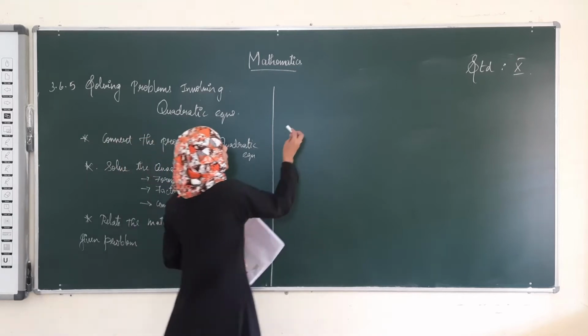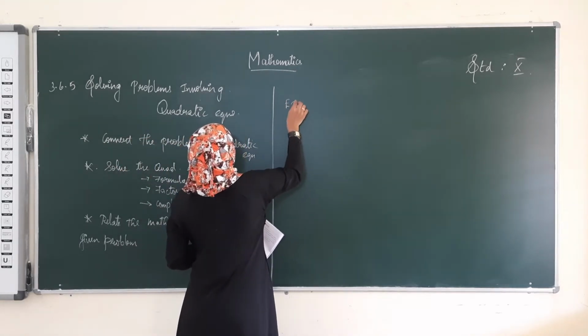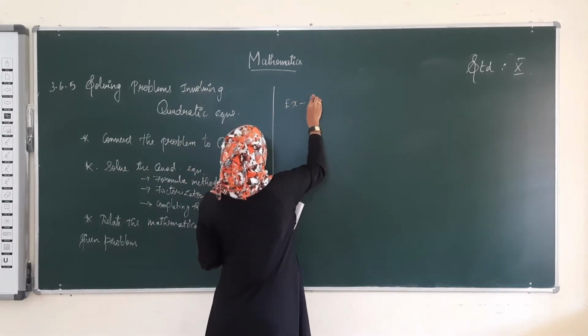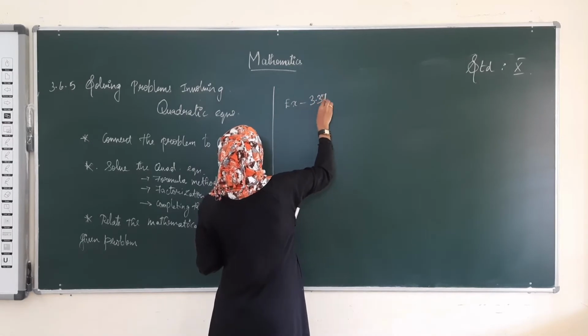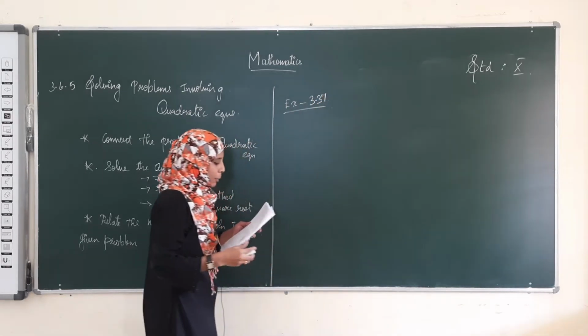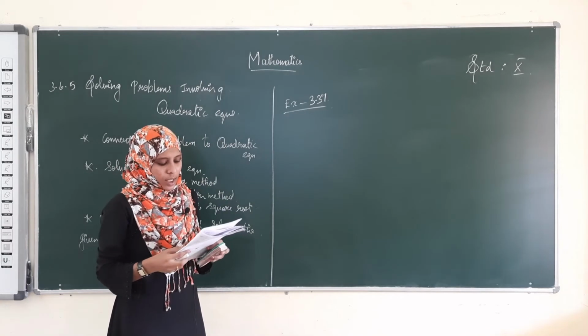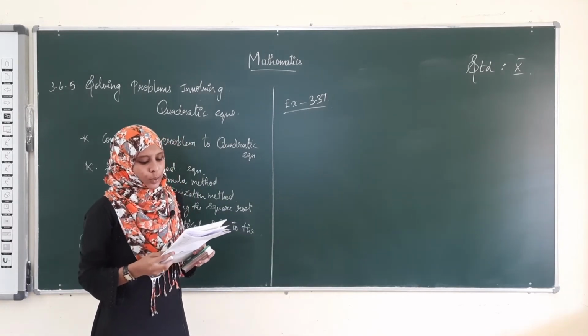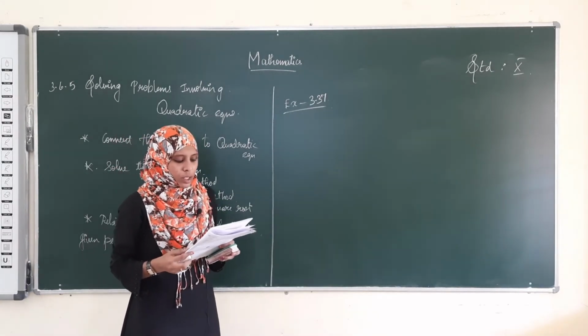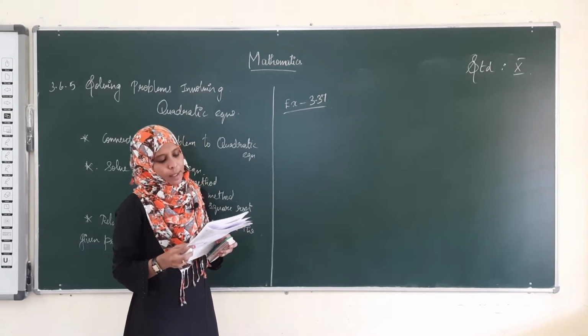See example number 3.37. I will read the question. The product of Kumaran's age in years 2 years ago and his age 4 years from now is 1 more than twice his present age.